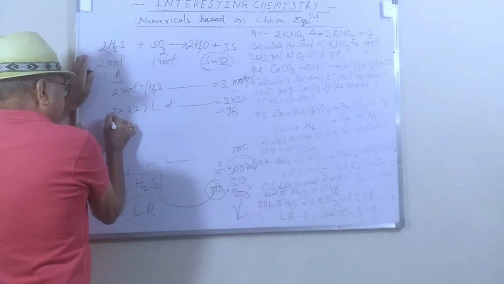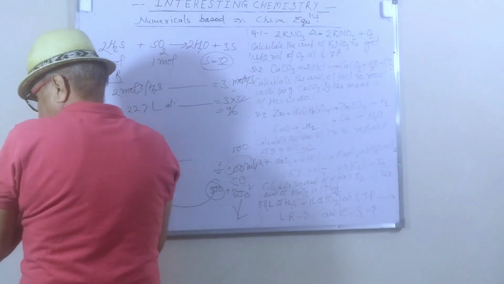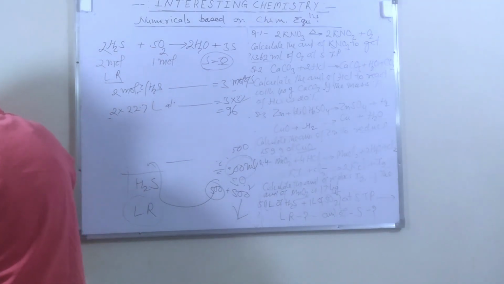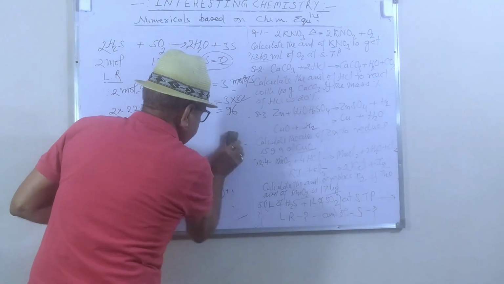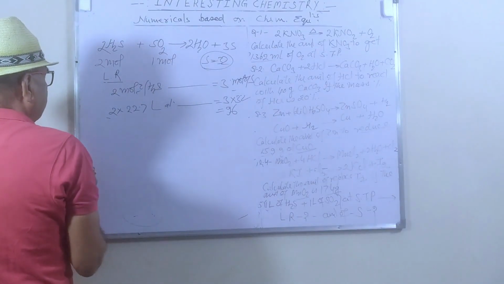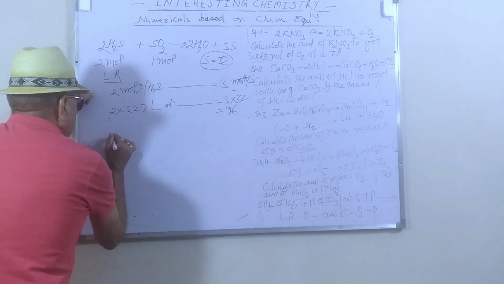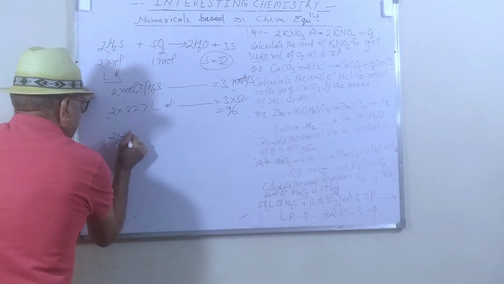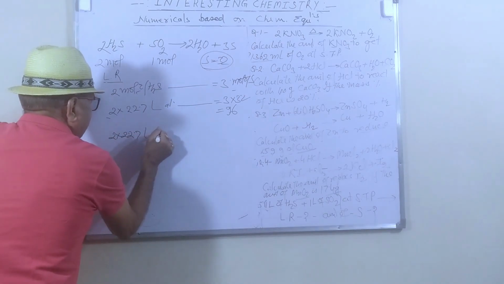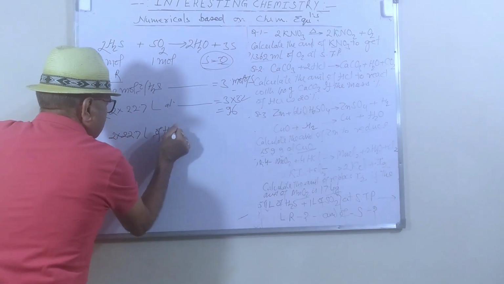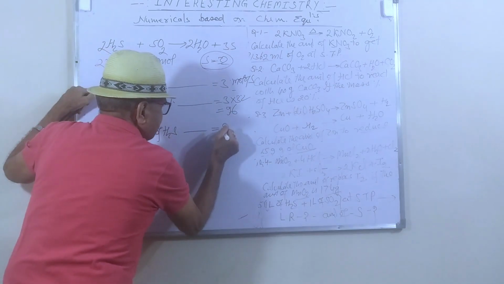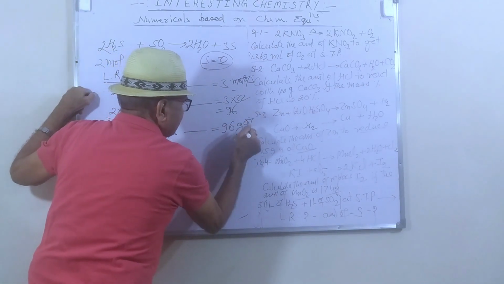So you can write that 2 into 22.7 liter of H2S produces 96 gram of sulfur.